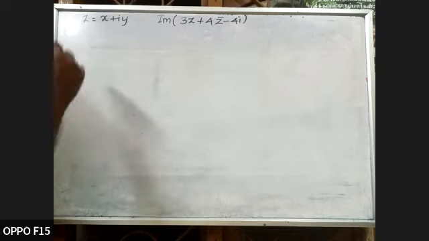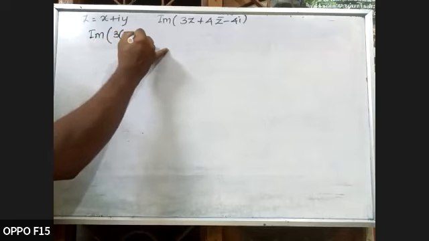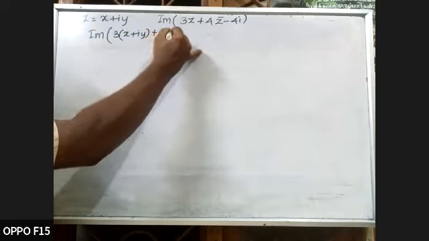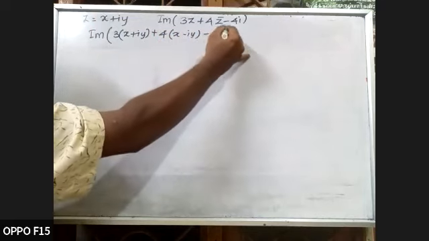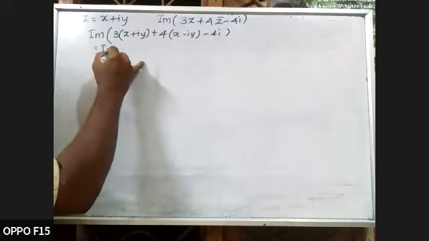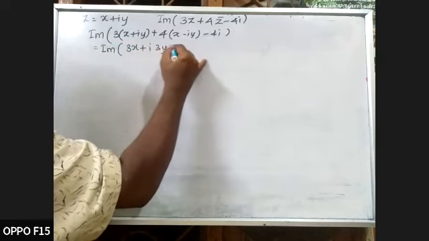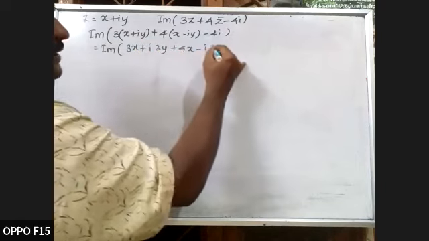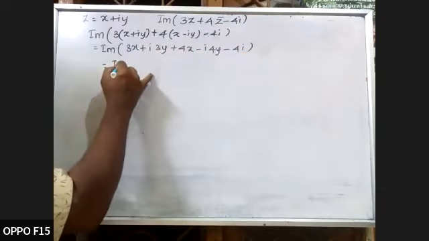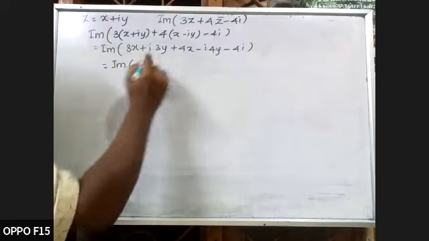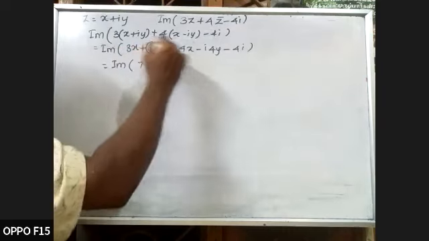From this question, what we do is replace z with x plus iy wherever z appears: 3 into x plus iy plus 4 into z conjugate. X plus iy means the conjugate is x minus iy, minus 4i. Now simplify. Imaginary part of 3x plus i3y plus 4x minus i4y minus 4i. 3x plus 4x equals 7x. The rest are imaginary.